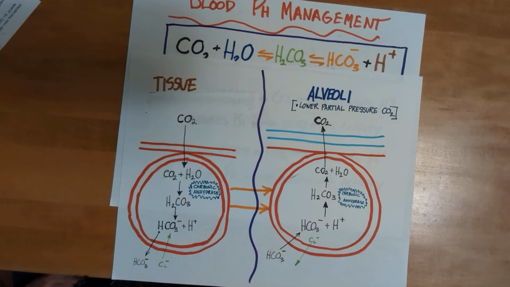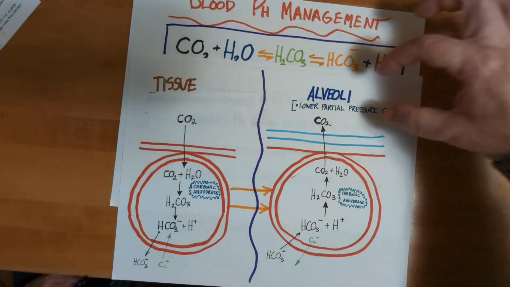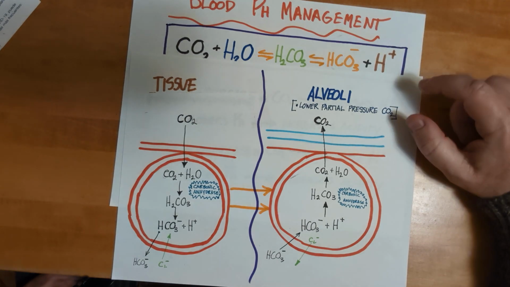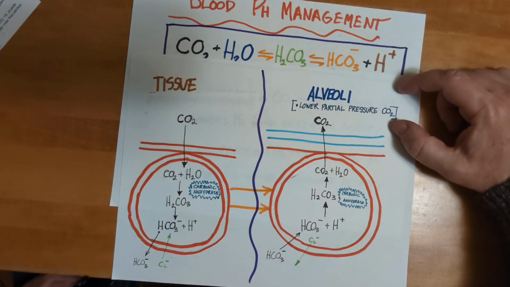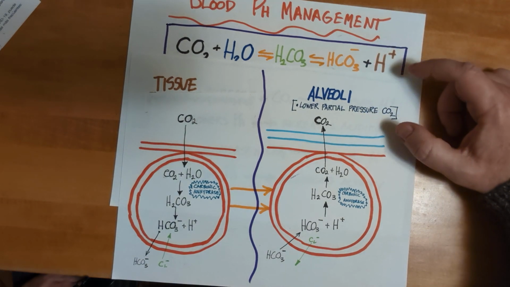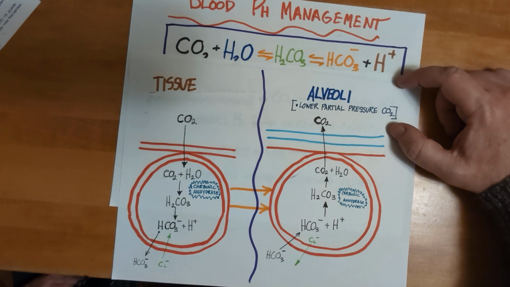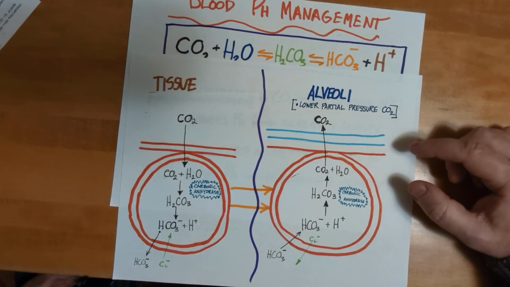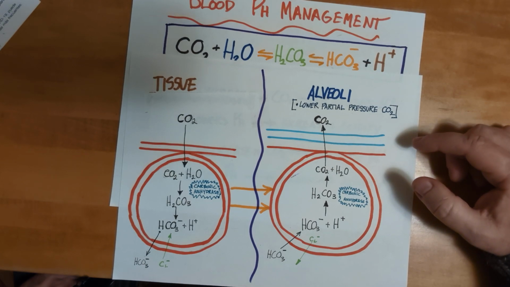So when air is inhaled, here's the inside of the alveoli, or the alveola, there's a lower concentration of CO2 in it. So CO2 wants to flow out of the capillary into the alveola. That changes our little equilibrium equation inside the red blood cell. And now there's less CO2.